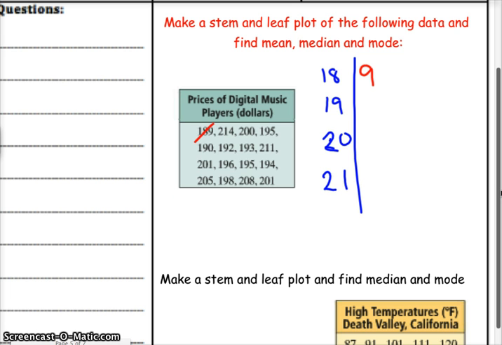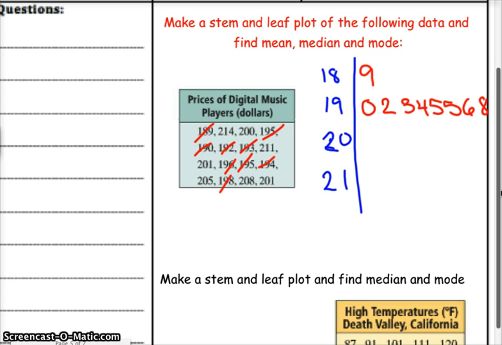That's what's being represented here. Now I'm looking at my 190s. My smallest 190s is the 190. And then it looks like I have a 192, a 193, a 4. I have 2 5s, make sure to include them both, and a 6 and an 8.